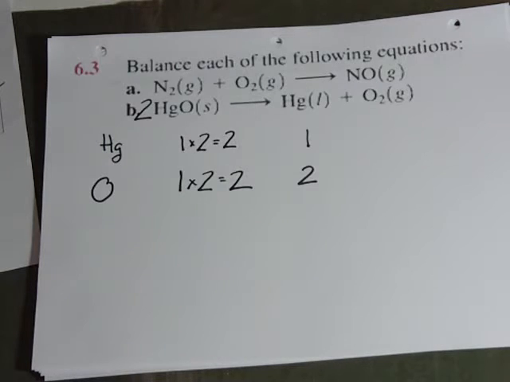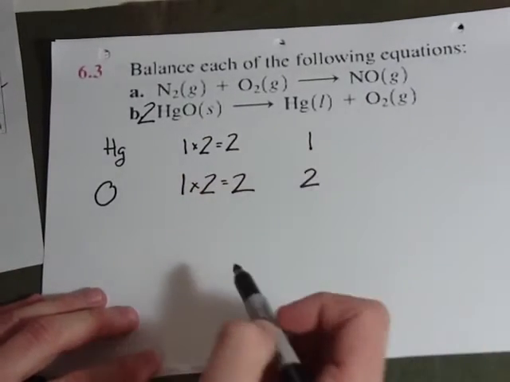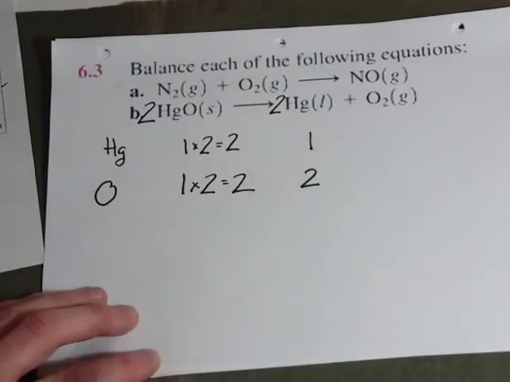But now that leads us to another inequality. Here we find that there's 1 mercury in the products and 2 in the reactants. So we need to multiply the mercury by 2 to balance it out, and to do that, we put a 2 in front of the mercury.